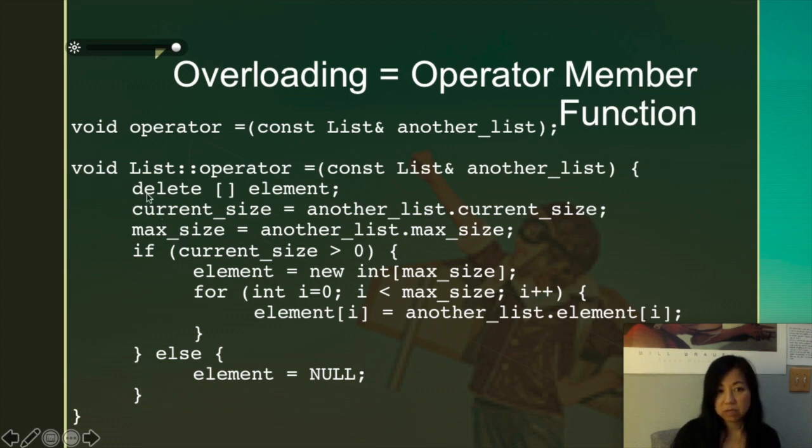But remember, the delete is very important, otherwise you will have a memory leak, because you allocated a dynamic array previously. You haven't released the memory space to the heap, and then you already get the pointer to point to another new dynamic array. So be careful of that.